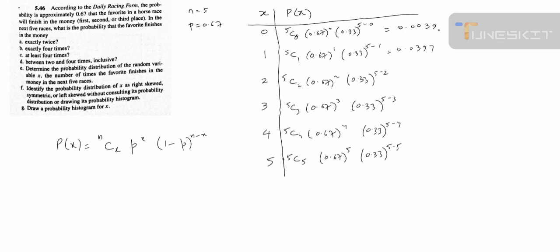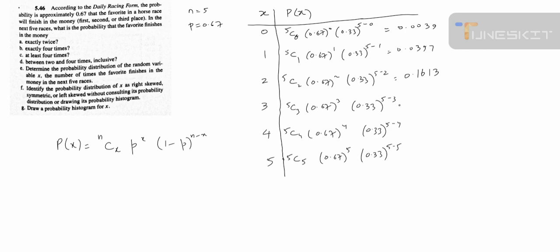Now the next value, 5C2 is 10. So 10 times 0.67 squared multiplied by 0.33 to the power 3. Now the probability is 0.1613. 5C3 is also 10. So 10 times 0.67 to the power 3 and multiply this by 0.33 squared.